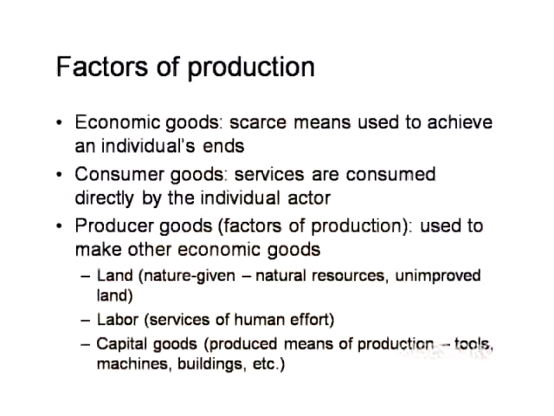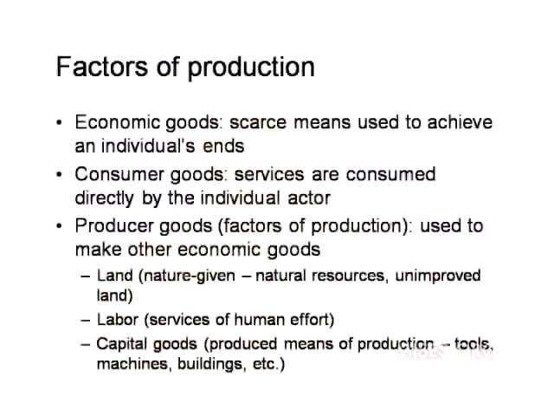What we call producer goods, or factors of production, are goods that are used in the process of making other economic goods. Okay, so for example, land. And when the economist speaks of land, he means not just land in the common everyday sense, but the part of land or nature that is nature-given or God-given, not the part that is improved through human activity.